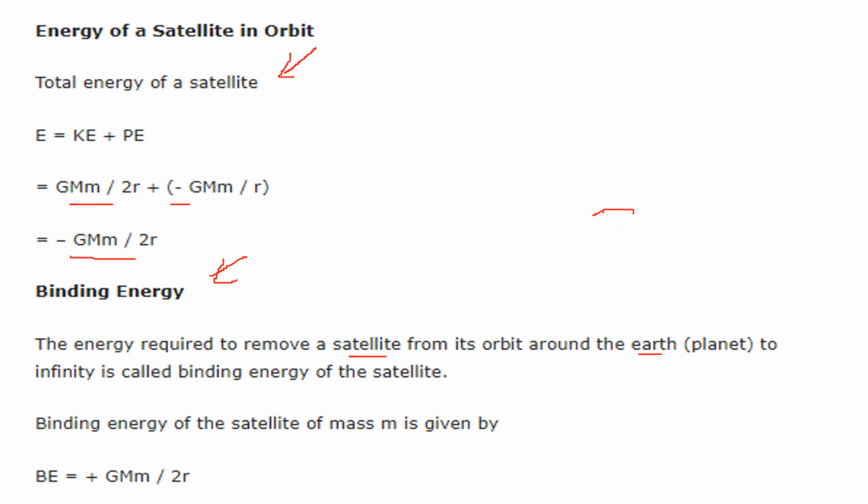So if we have Earth, or say any planet, and we have a satellite here, the energy required to remove a satellite from its orbit around that planet to infinity is called binding energy of the satellite. So binding energy of the satellite of say mass m is given by, see, these two are equal, plus opposite in sign, G capital M small m by 2r.